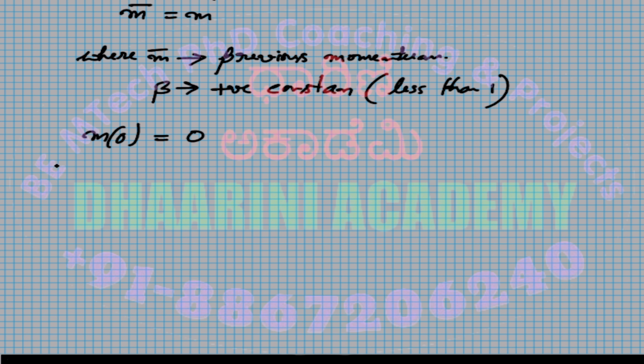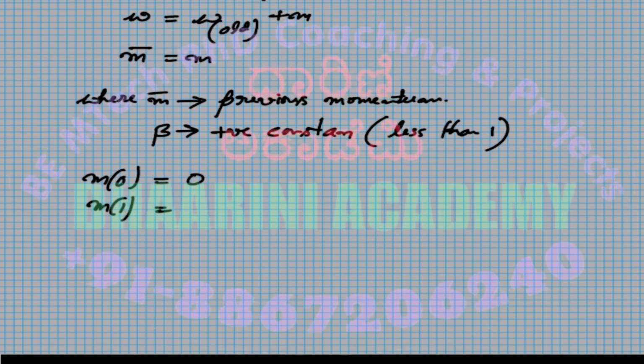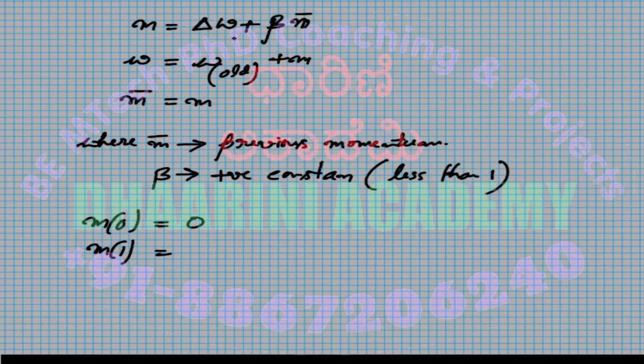Once this is updated, the next iteration, m of 1 will be, I'm simply going to use the above said equations. m is equal to delta w plus beta times past value. So what is m?